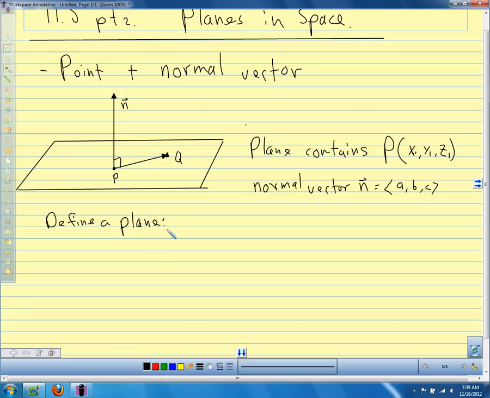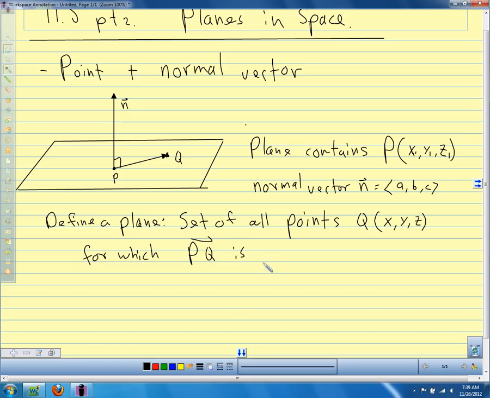We're going to define the plane as the set of all points Q, where Q is just x, y, z, some arbitrary point in our plane, such that the vector PQ is orthogonal to our normal vector.